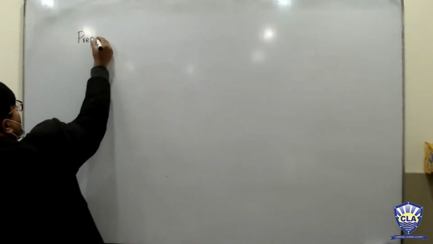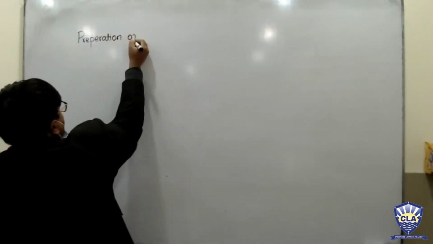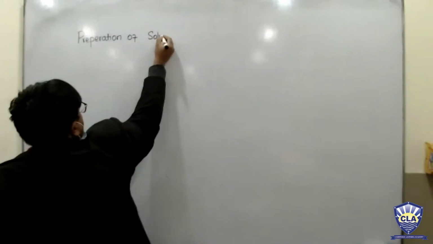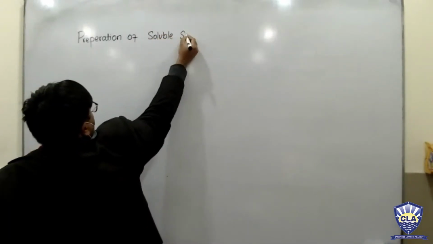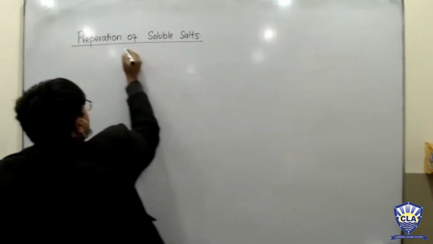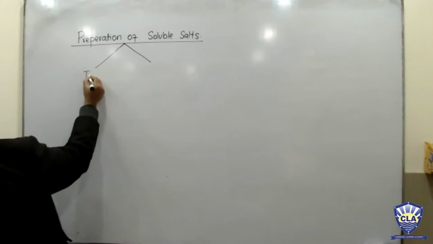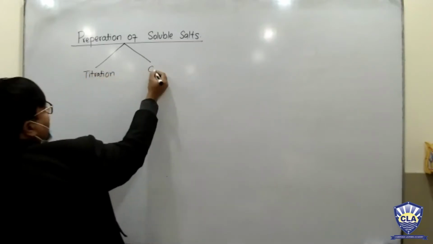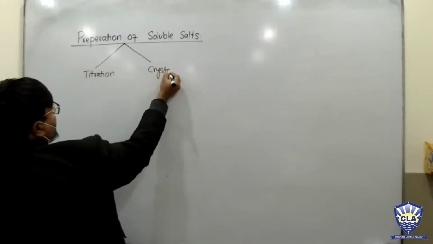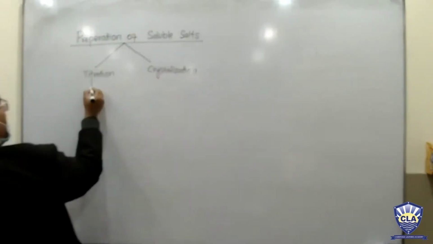Preparation of soluble salts. I have told you that soluble salt could be prepared by two methods. The first method was titration, and the second method was crystallization.